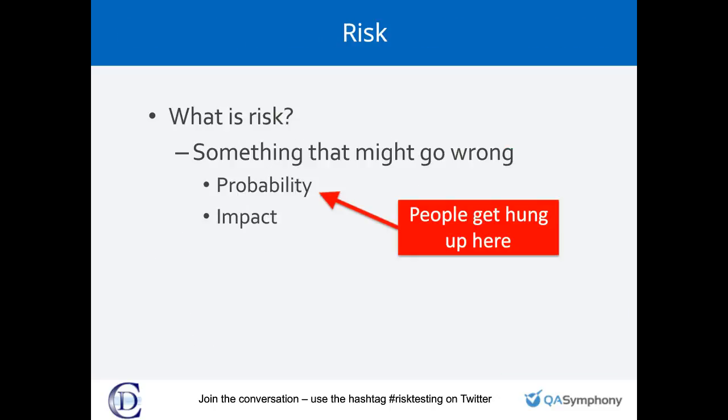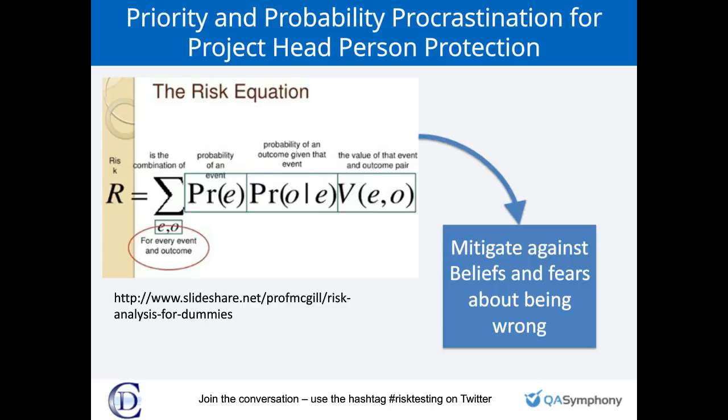So one of the things you notice about risk, and when you start doing risk research on the internet, you'll see that people get hung up on the probability part and the impact part, particularly if it's in a risk management meeting. So what you'll see are formulas like this.